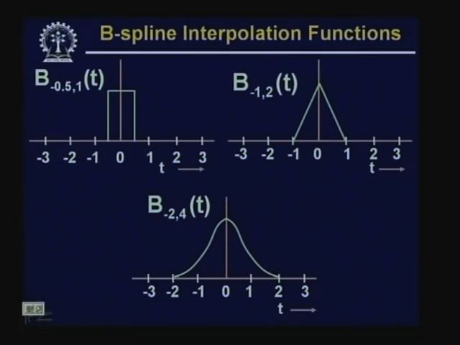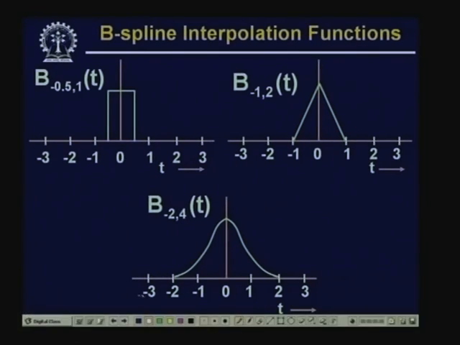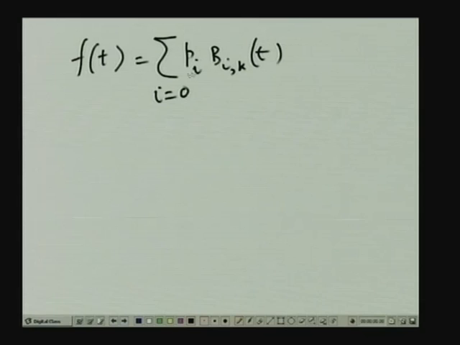The kind of modification that we can do in this case is, instead of having the interpolation as say f t is equal to summation of p I b I k t, over I equal to 0 to n, I will just modify this expression as f t is equal to, I will put same b I p I, but b I will shift by some value.